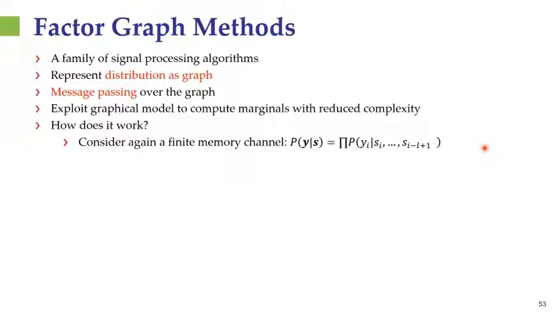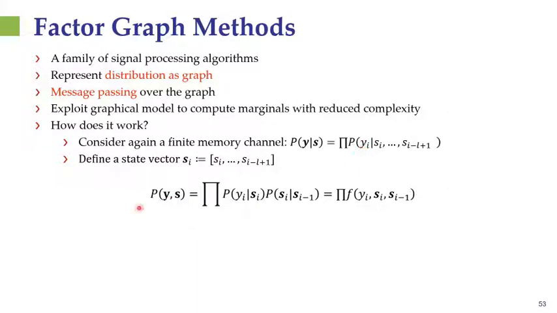Okay, so to that aim, let's go back to our finite memory channel, in which the conditional distribution of a block of channel outputs given its corresponding channel inputs can be factorized using this Markovian structure. So what we do here, we define a state vector, which is a set of channel inputs which are statistically related with the given channel output, the given observation. And then we can write the joint distribution of this block of channel output and the block of channel input using this factorization.